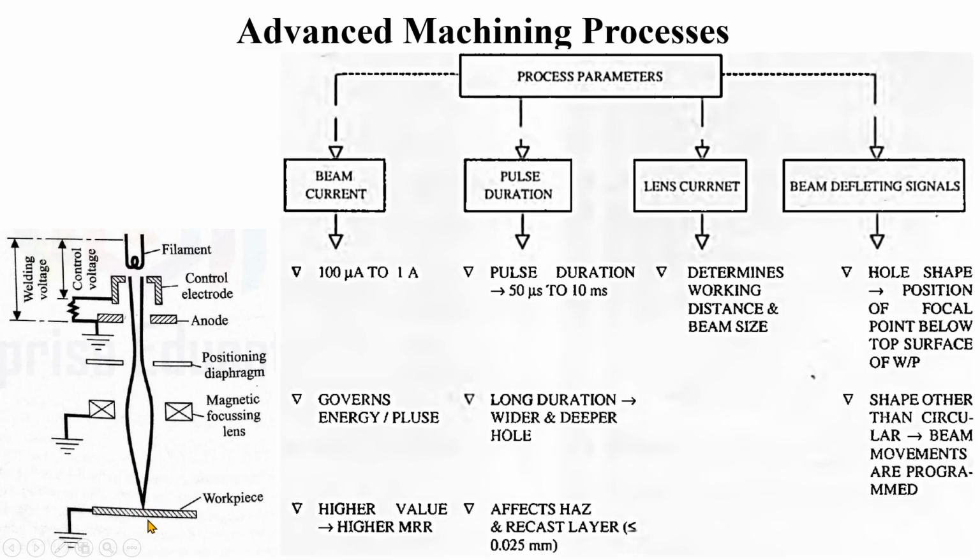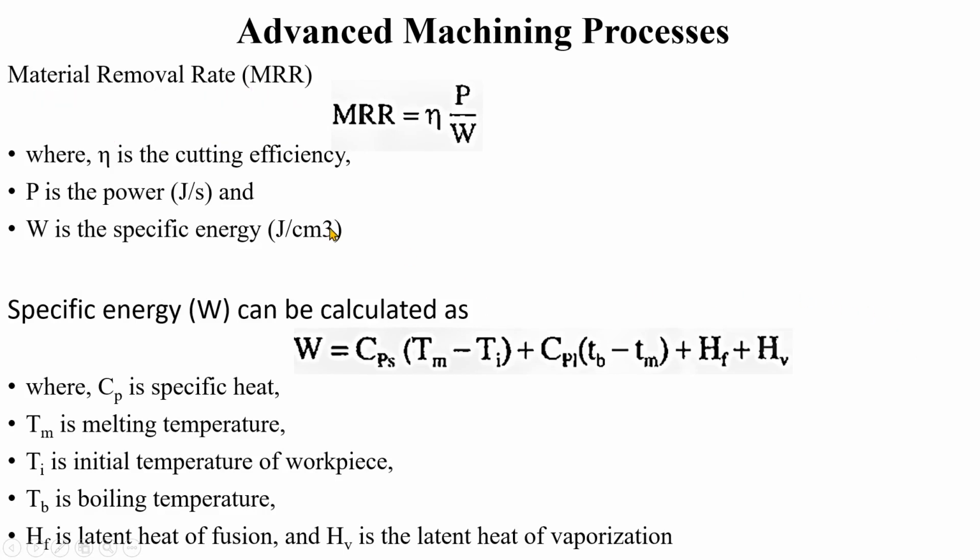But if we want to machine holes with a shape other than the circular one, for example a tapered hole, then the focusing point will be below the top surface. So we can vary this focusing point by varying the beam deflecting signals.